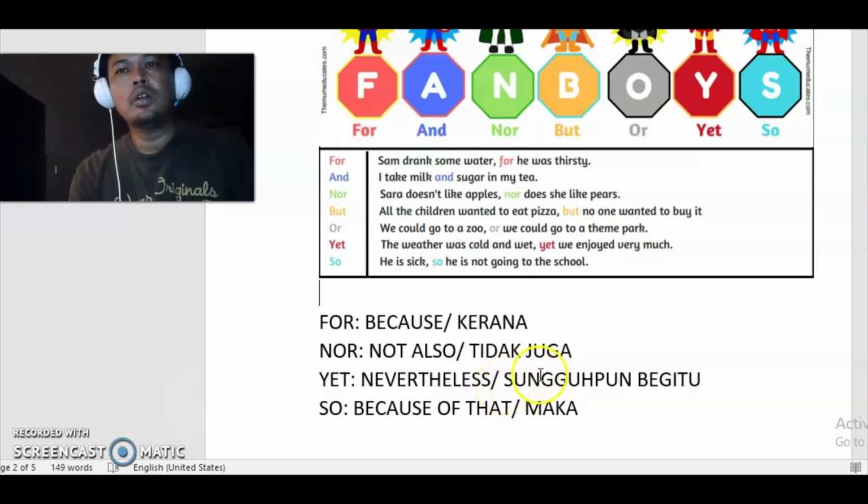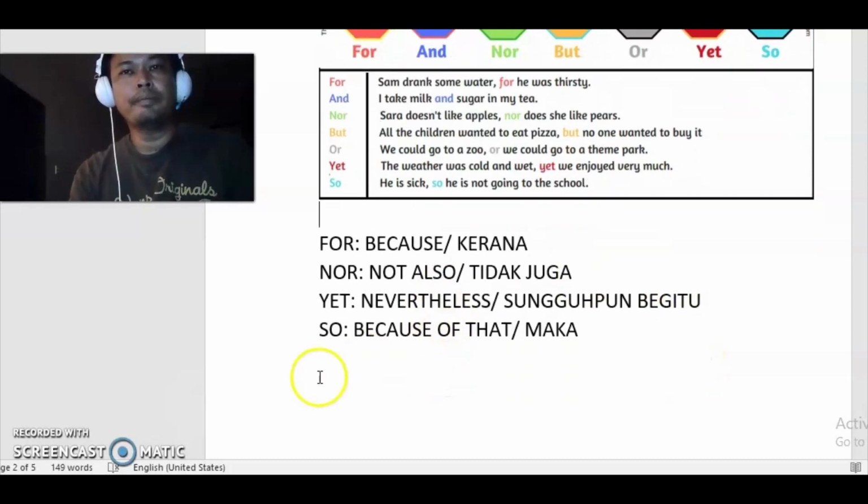In Bahasa it's called sungguh pun begitu. So here it has a different meaning, as you know. But so, here for conjunction FANBOYS, it means because of that.